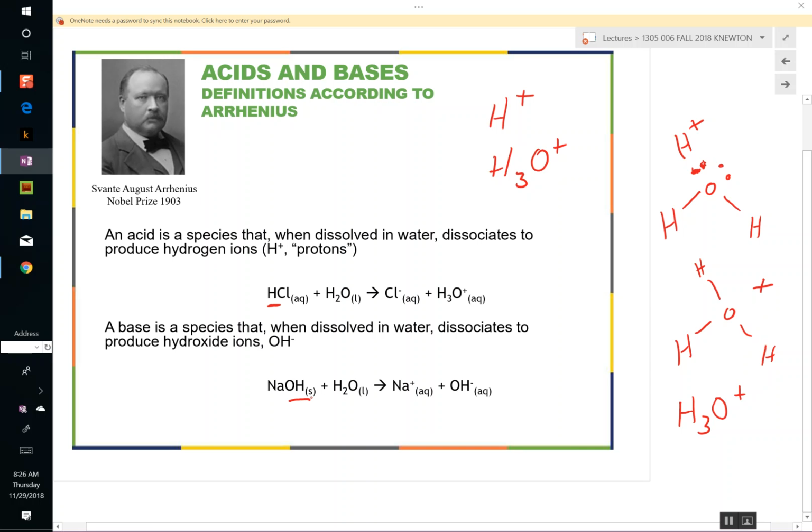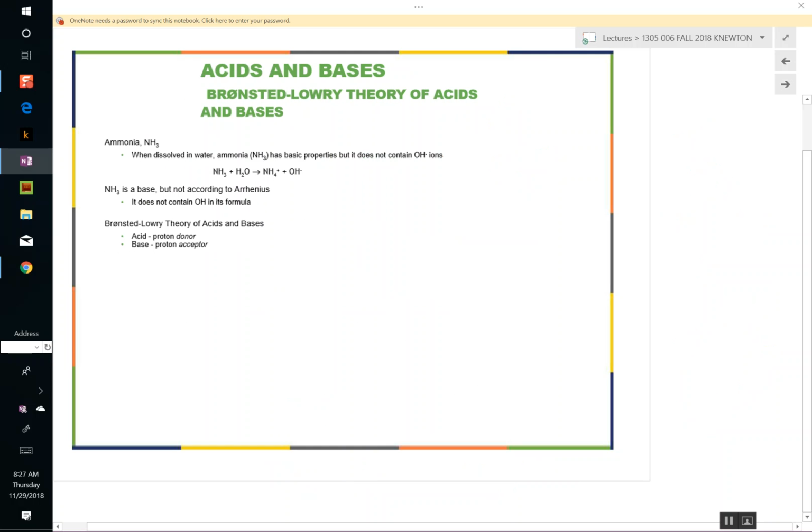If you see sodium hydroxide, potassium hydroxide, barium hydroxide, magnesium hydroxide, okay, you can actually see that it is a base. It's got a hydroxide in the formula. So that is the simplest definition, and it worked pretty well until we came along with something like ammonia.